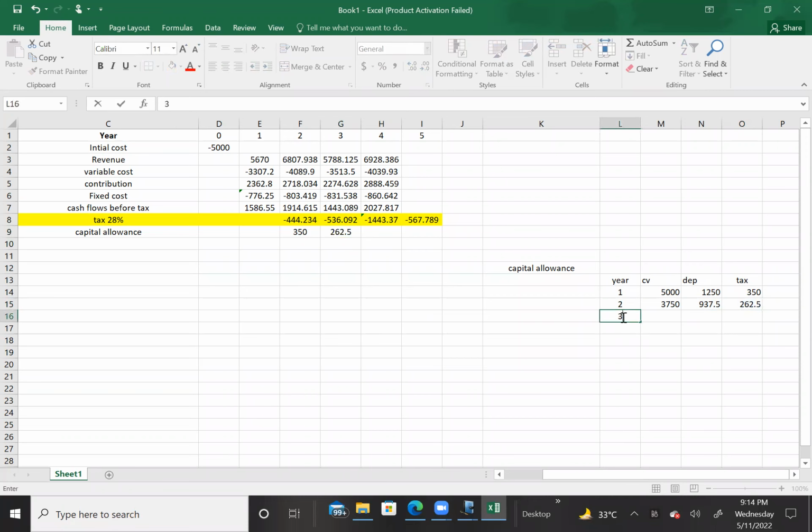Then we have year 3. The carrying value will be 2812.5 multiplied by 25%, and the capital allowance will be 196, and it will be in year 3.